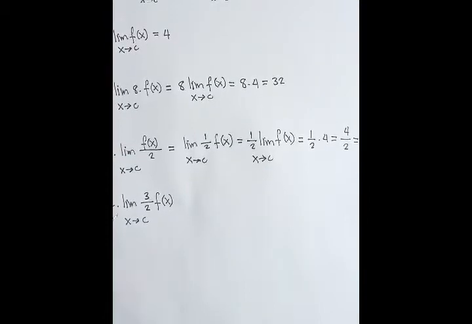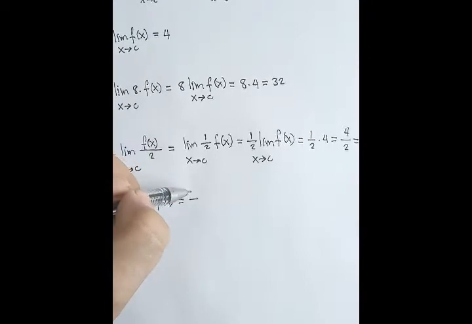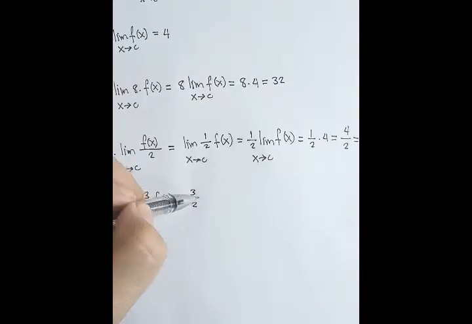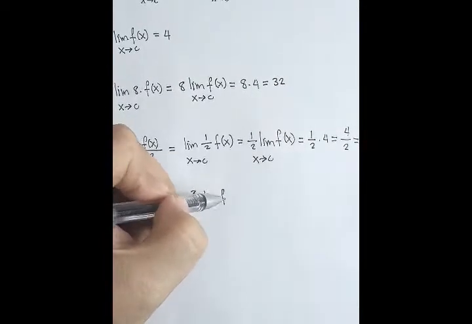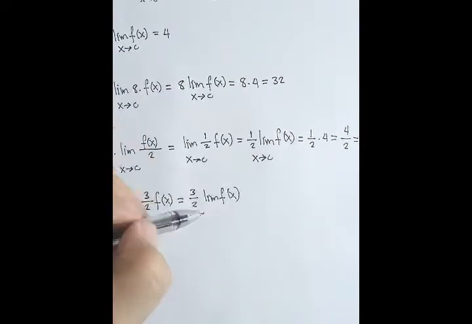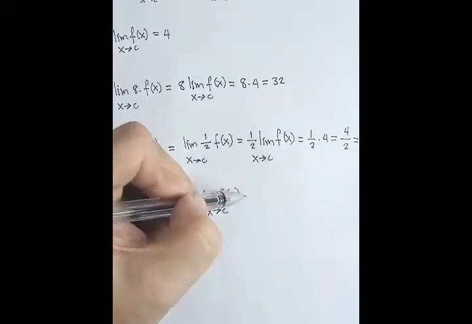For number 3, again our given limit is multiplied by a constant 3/2. So this 3/2 we place in front. It becomes 3/2 multiplied by the limit of function of x as x approaches c.